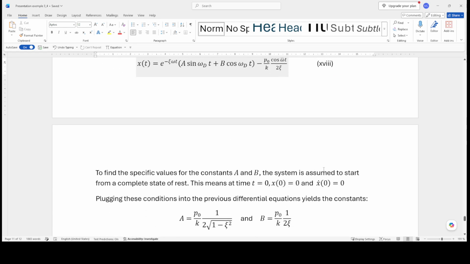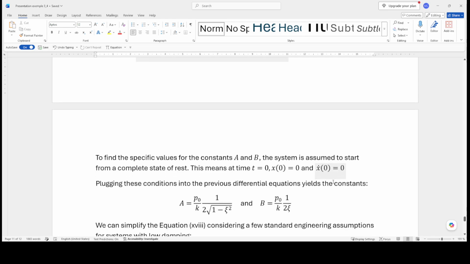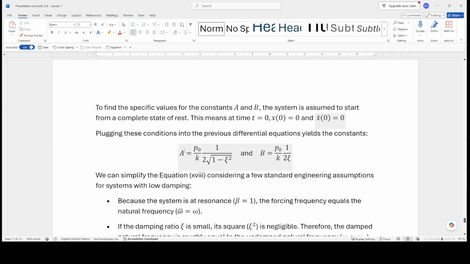The system is assumed to start from a complete state of rest, so for t equals 0 the displacement is equal to 0 and the velocity is equal to 0. And we obtain the constant A equal to this value.